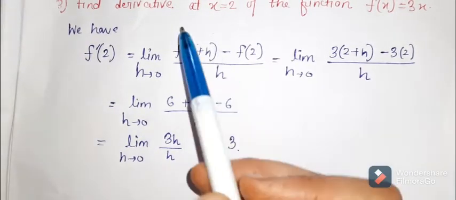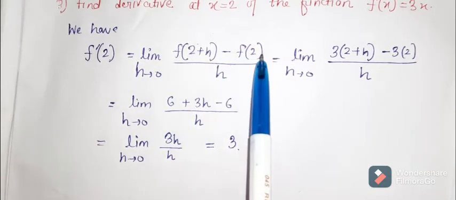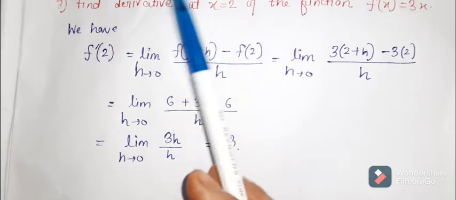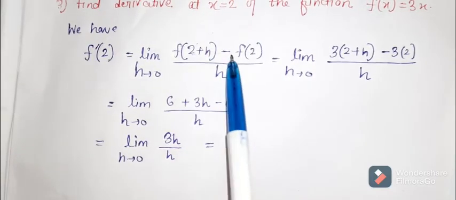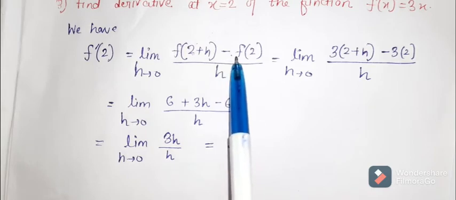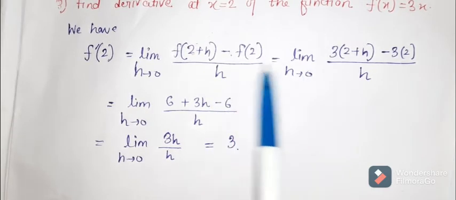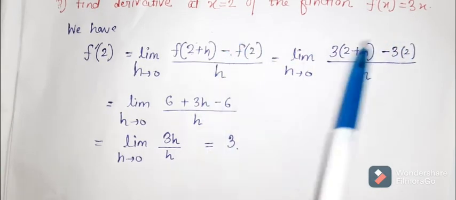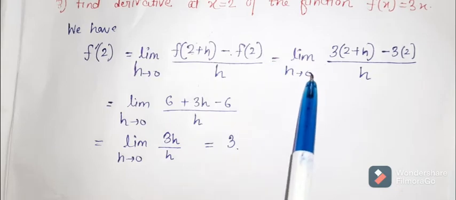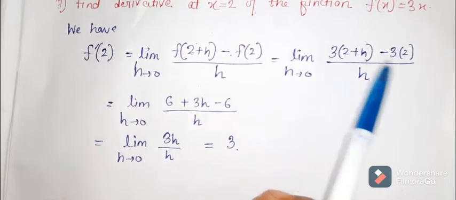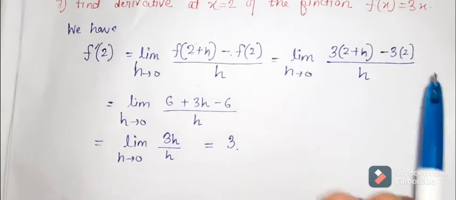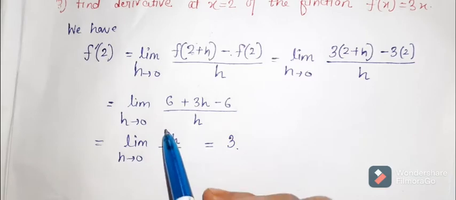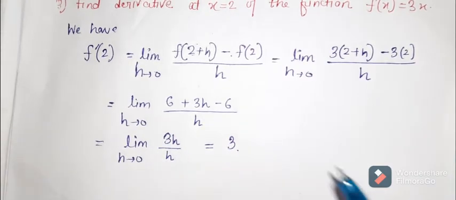Okay, what did we do? We wrote the standard formula for first principle. Here our point was 2. So where we had a plus h, here it becomes 2 plus h, minus f of 2 divided by h. Now f of 2 plus h means, in the given definition of f of x, in place of x we put 2 plus h. So we get limit h tends to 0, 3 into 2 plus h minus 3 into 2 divided by h. Open the bracket, solve. 6 cancels. Ultimately it was 3h by h. h cancels, so we will get 3.